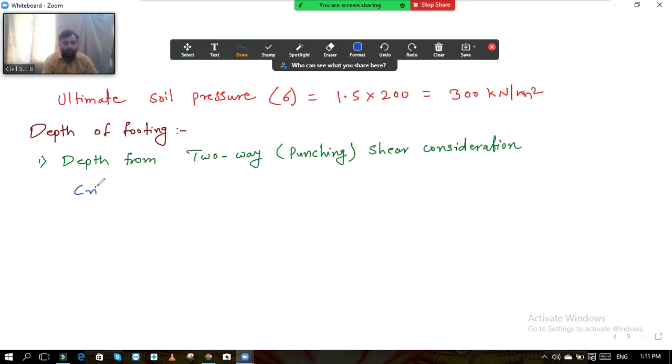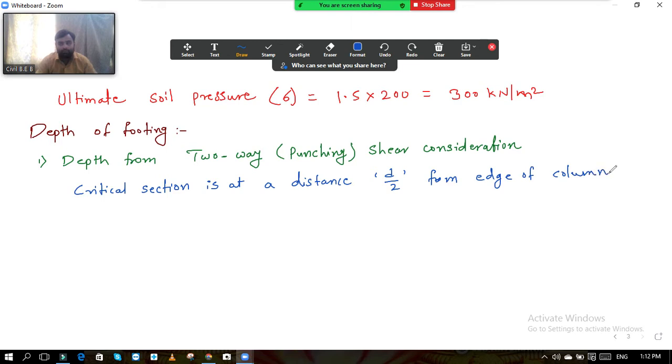So I will write here, critical section is at a distance d by 2, where d is the depth of the footing, d by 2 from the edge of column.